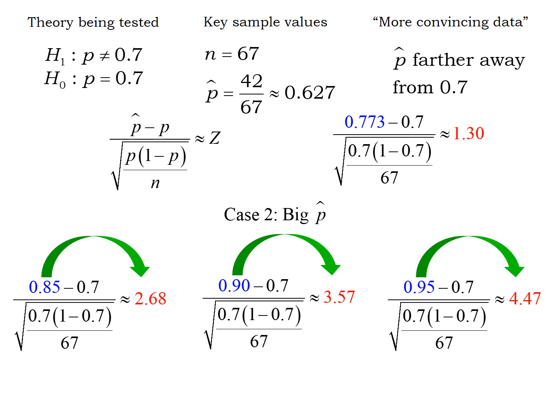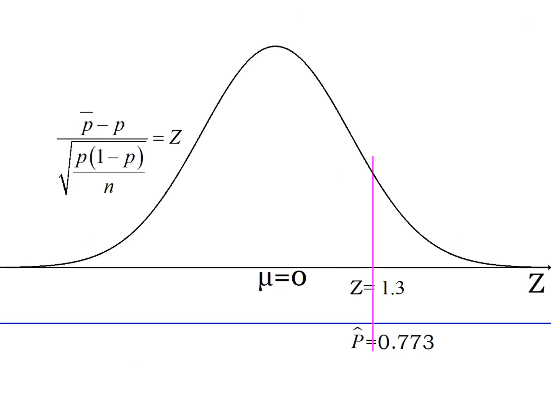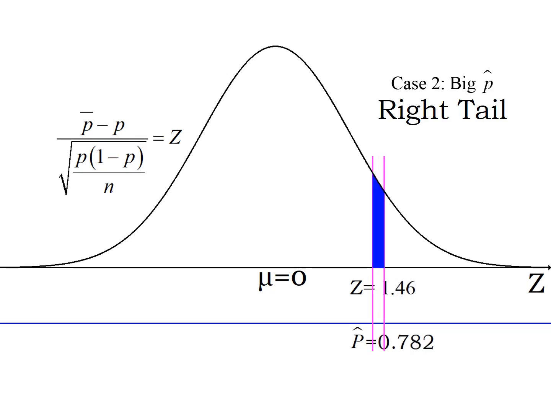So with this equation, larger values for p hat mean larger z-scores, and larger z-scores are farther to the right on the z-graph. So for case two, if p hat is really large, then we end up with our large z-scores in the right tail.